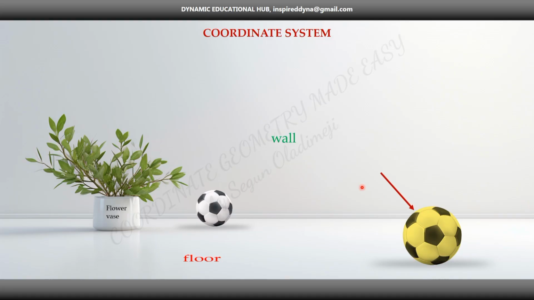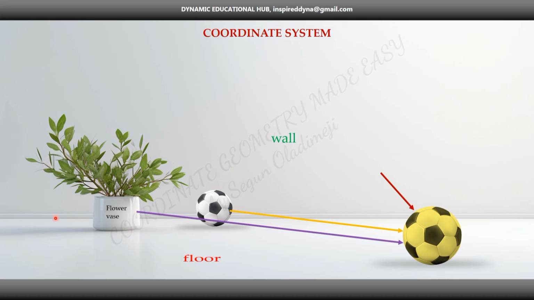This ball is also at the front of the wall. This ball is shown at the front of the wall. This ball is at the front of this ball, as shown. It's also at the front of this flower vase, and this ball is also on the floor.